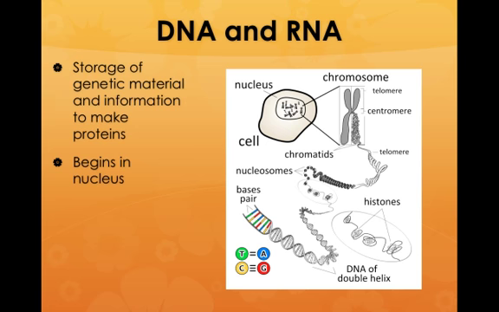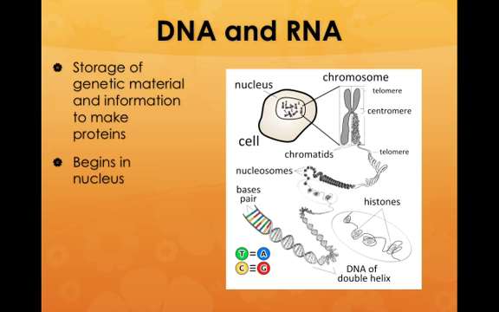On the other hand, RNA is a form of nucleotide that differs in a few ways, but RNA is really used when DNA wants to make proteins or respond to something in the environment. The information of DNA will be made into RNA, and then RNA will make something else.